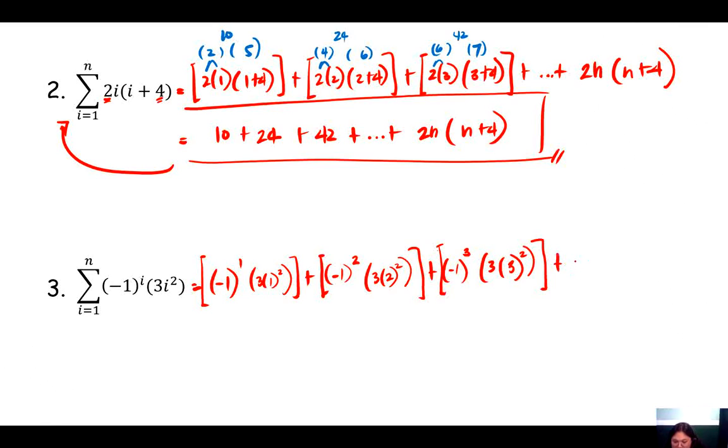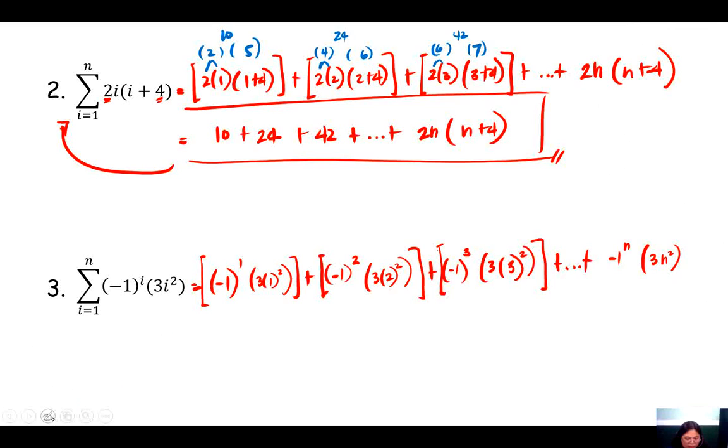Plus negative 1 raised to n times 3n squared. We forgot the ellipsis, so let's erase this and add the ellipsis. Plus, again, negative 1 raised to n times 3n squared.